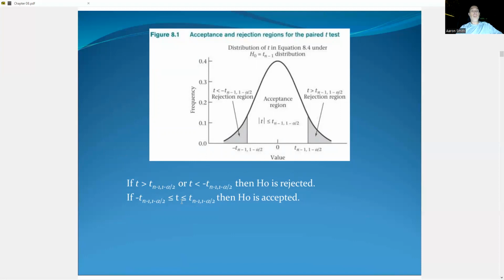So if we see that the t test statistic is far to the right or far to the left, we reject the null hypothesis in favor of the alternative. If t is in this wider white region, we will fail to reject the null hypothesis.